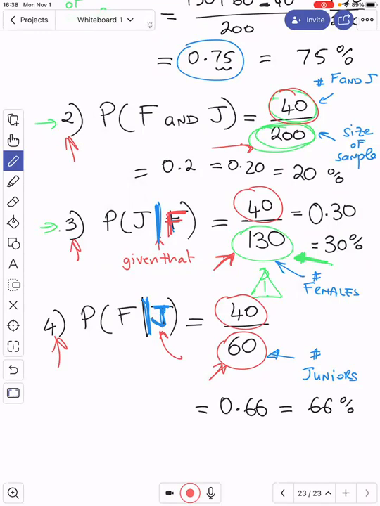I hope you see the difference between J given F and F given J. I know it's confusing the first time, but with a little bit of practice, you're probably going to be okay.